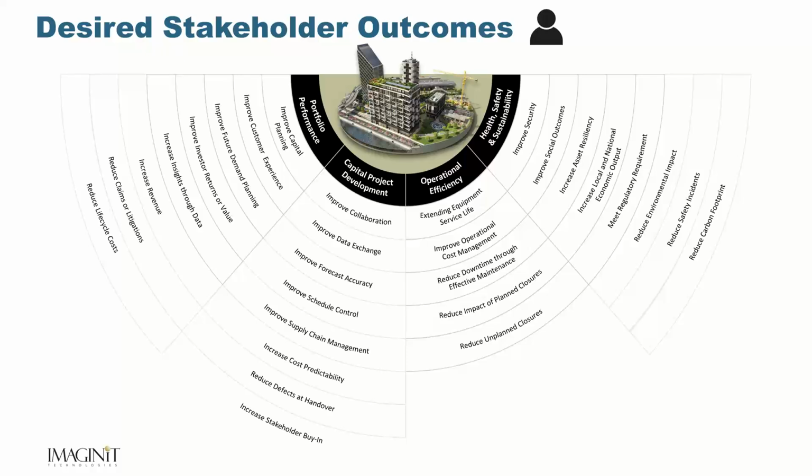And you may not be that owner, but if you look at all these desirable outcomes, you no doubt play into some of these, whether you're in supply chain and logistics, or dealing with sustainability and all of the impacts of who you affect. Your vendors, your clients, your owners, everyone plays a role in one of these desirable stakeholder outcomes.